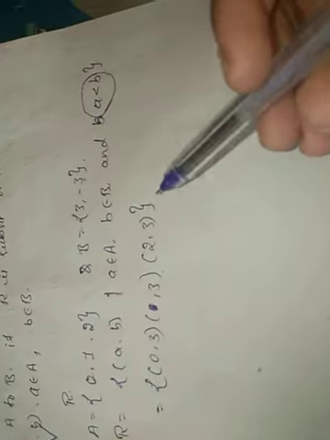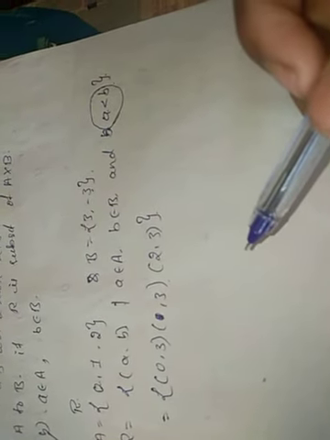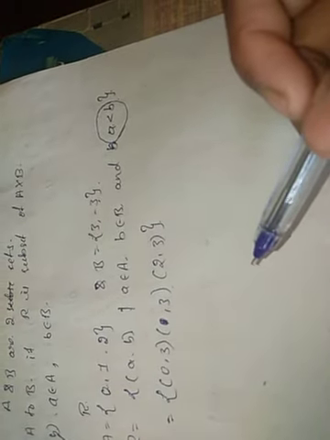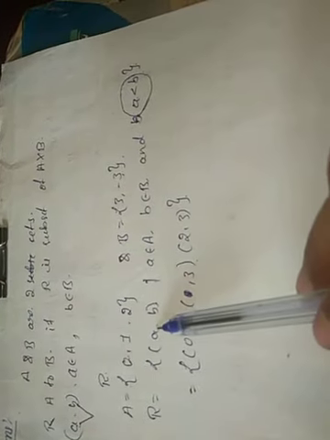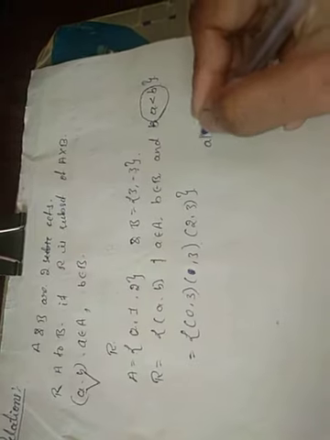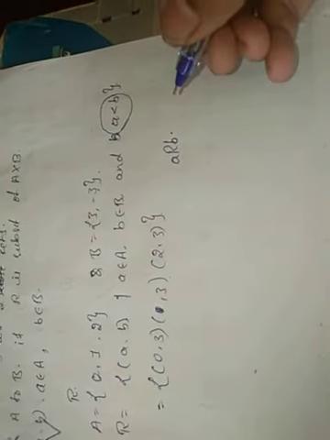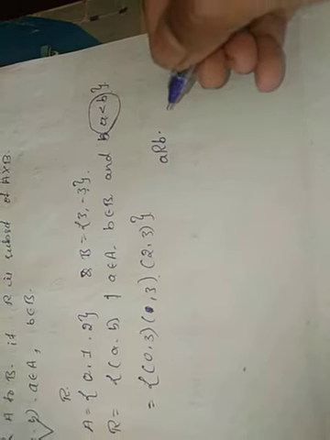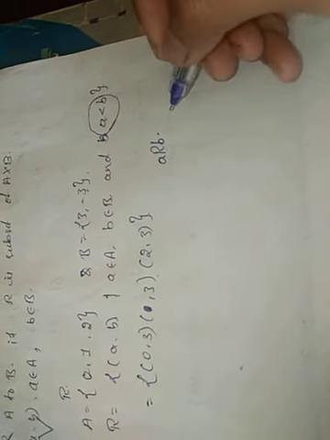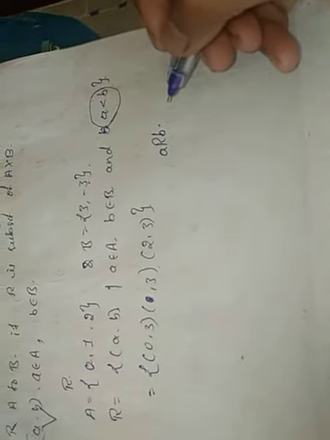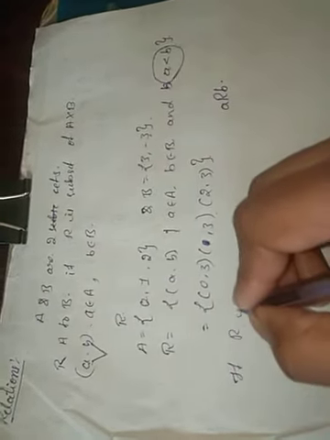Now, since R is a subset of A cross B, we say that a is related to b by R, and it is denoted by aRb.